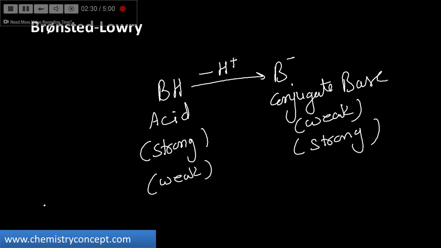Fine. So there is a trick. Just remember, let's say I have water and I'm asked to write down the conjugate acid of water. If I want to know the conjugate acid, that means water must behave as a base. That means it must release a proton. So after releasing a proton, it will become OH negative.